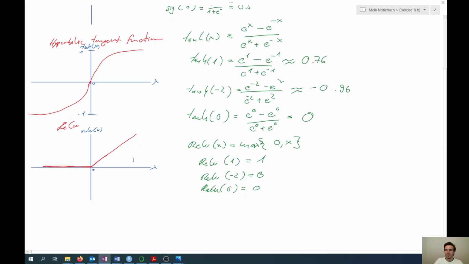And then in the output layer, if we use an activation function for the output layer, we want to transform that output, for example, for a binary classification, then we could use the sigmoid or the hyperbolic tangent function.